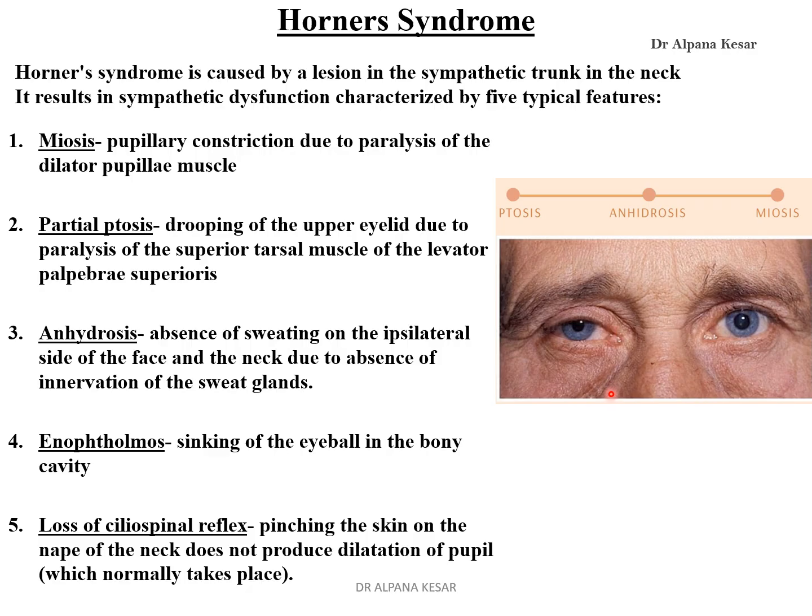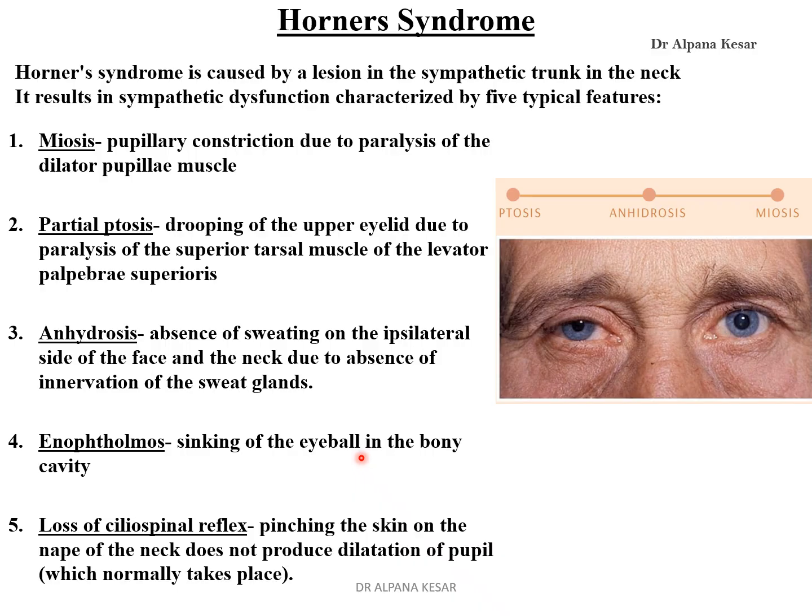Anhidrosis, where there is absence of sweating on the ipsilateral side of the face due to absence of innervation of the sweat glands. So, the prominent features of Horner syndrome are meiosis, ptosis, and anhidrosis.